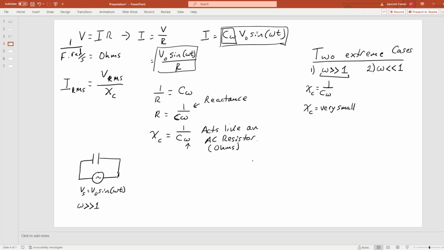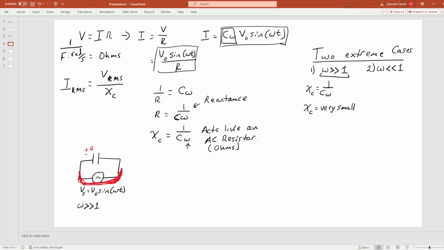And if you think about it, that should make some sense, because if your voltage and therefore your current are very rapidly oscillating between these directions, then that doesn't really give the plates very much time to be charged before they're discharging again.